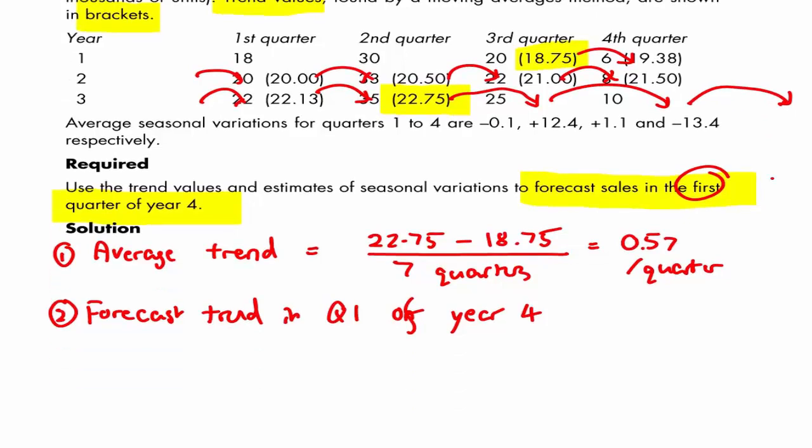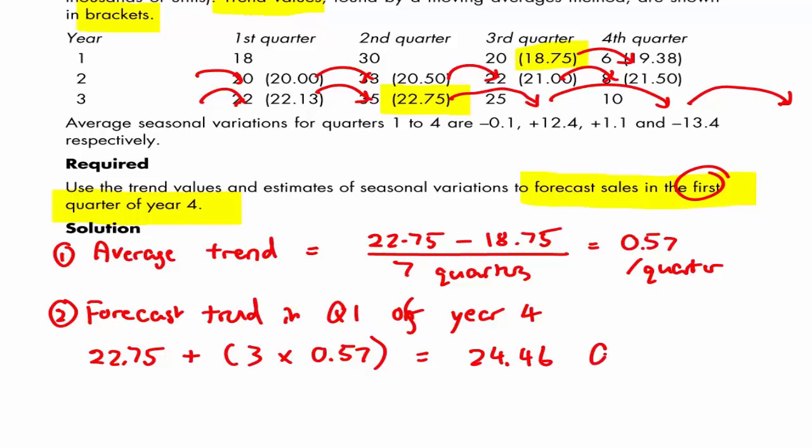So starting from the latest trend figure of 22.75, I've got to add on 3 lots of 0.57, and that means that the trend estimate will be 24.46 for the first quarter of year 4.